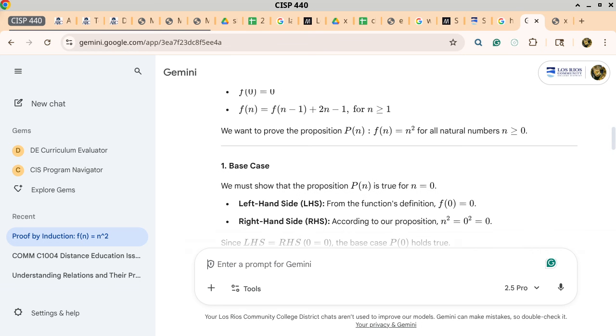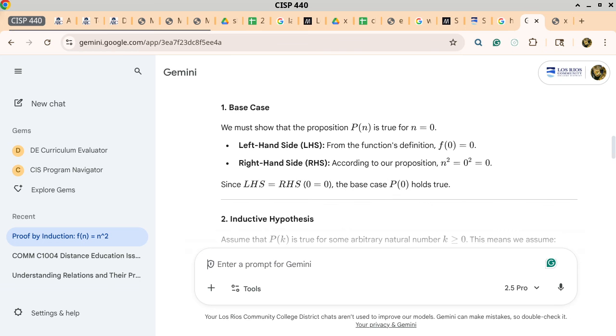P of n is the predicate that f of n equals n squared for all natural numbers n greater than or equal to 0. The base case is when n equals 0: the left-hand side f of 0 is 0 by definition. The right-hand side is 0 squared, which is 0. So the left-hand side and the right-hand side are the same, so the base case holds. Okay, so we got that.